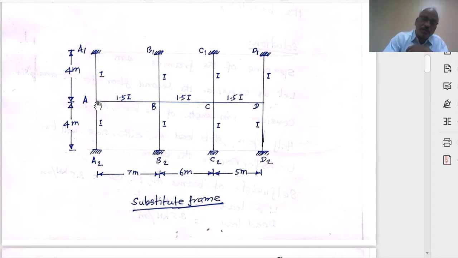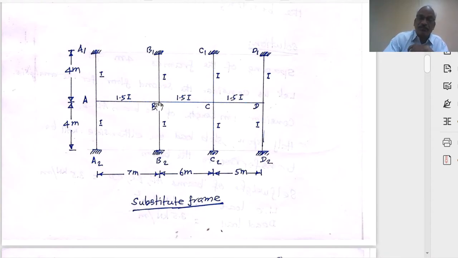For member A1, the relative stiffness is I by L. For member A2, the relative stiffness is I by L. For member AB, the relative stiffness is equal to 1.5I by 7 meters. This is I by 4, I by 4, and for this it is 1.5I by 7. We need not come back to the figure again. We'll just discuss one more case.